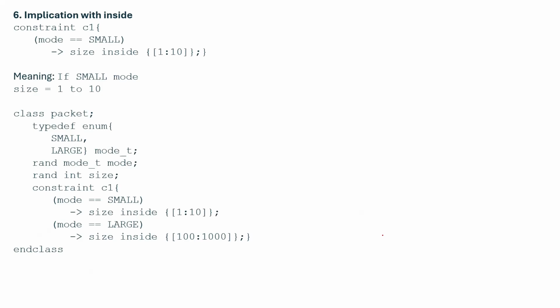Then only will I improve my coverage. Okay, so that's the same thing, implication operator with inside. The inside keyword, I told you, we can generate range values. Okay, so range values will be generated.